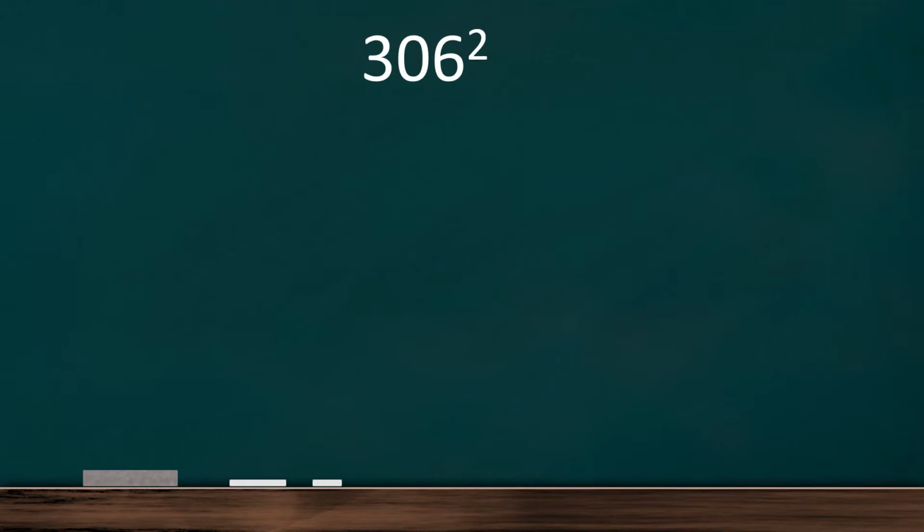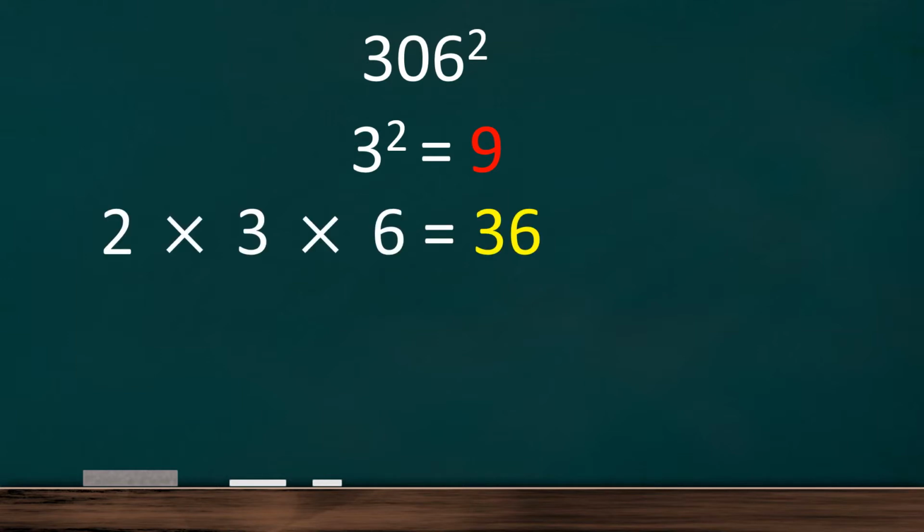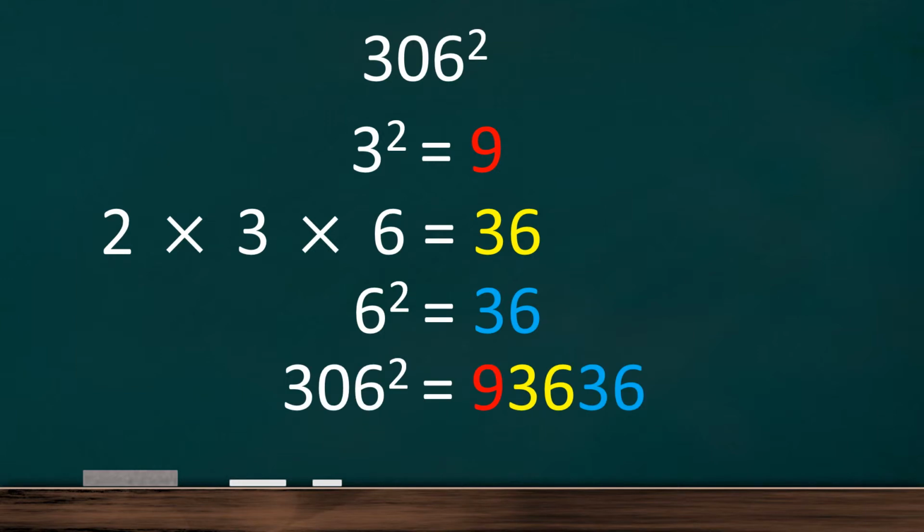To calculate 306 squared. First, 3 squared is 9. Second, 2 times 3 times 6 is 36. Third, 6 squared is 36. So we can immediately say that 306 squared is equal to 93,636.